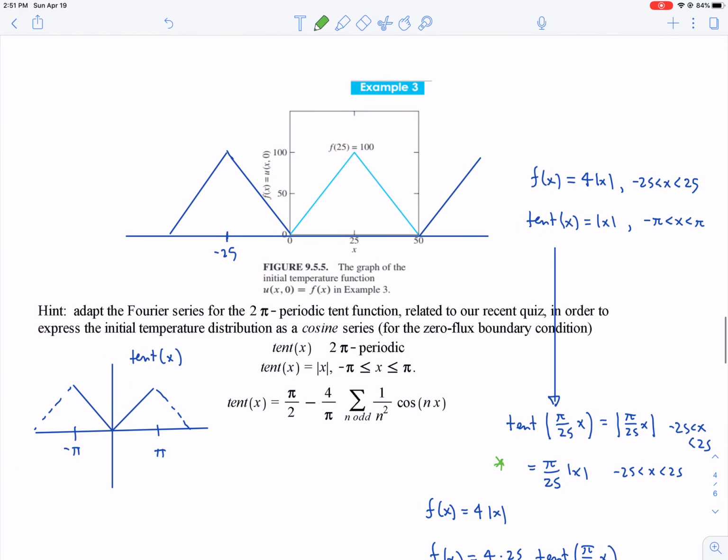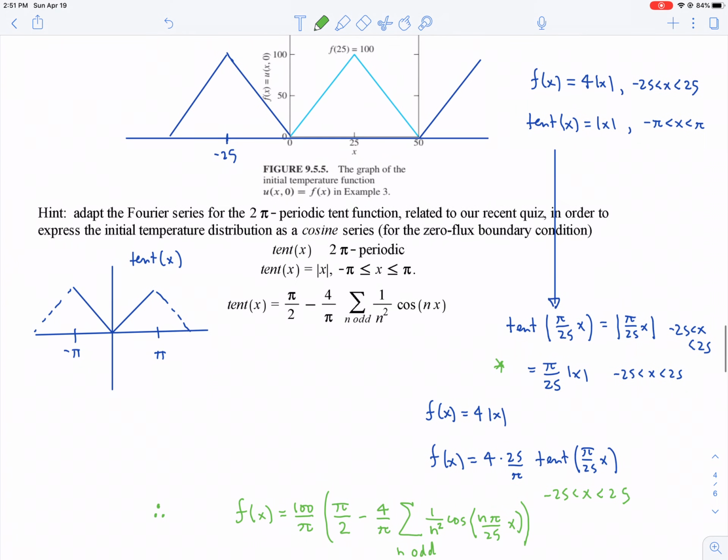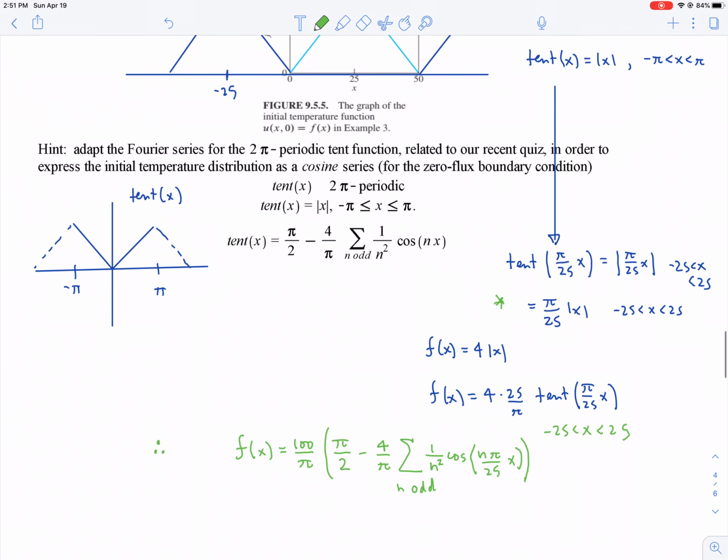That is the Fourier series for the initial temperature distribution that we wanted to study.